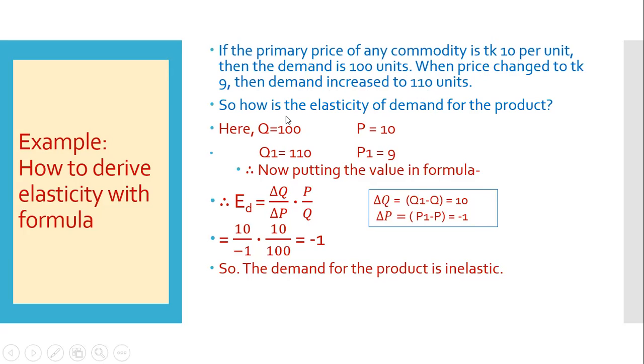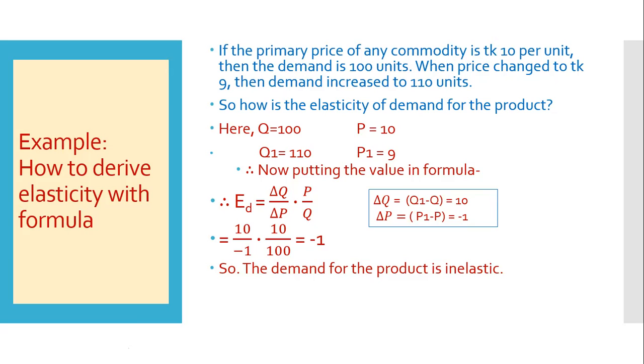So what is the elasticity of demand for the product? Now some information is given to us in this question. We have to find out the elasticity of demand of that product, because we are seeing there is a change in price, that is 10 to 9, and a change in demand, 100 to 110. Now we have to find out what percentage change there is in quantity demanded relative to price change, and what the ratio is.